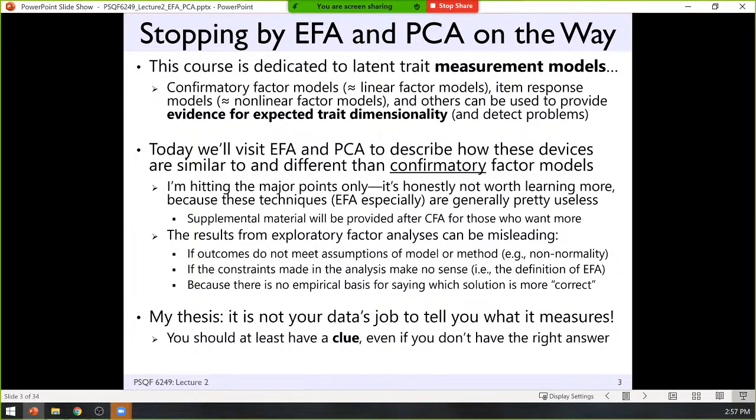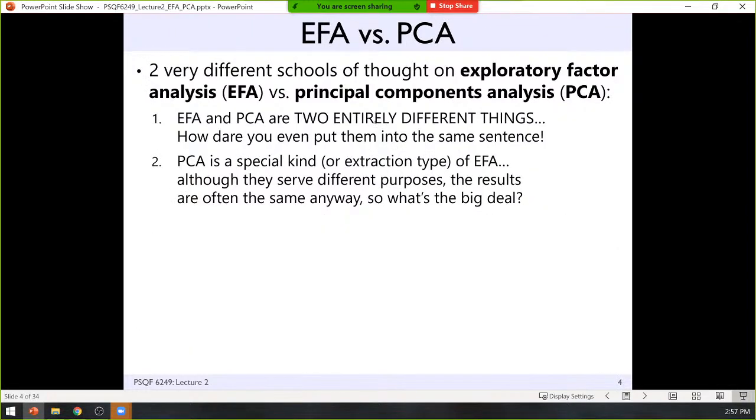But because this is still really prevalent, and because you may run into objections from reviewer 2 or 3 or people on your committee who say, well, you have to start with EFA, I want you to know enough about it to say to them, nah, actually I don't, and here's why. So these two topics are put together into one lecture, which is in and of itself somewhat controversial.